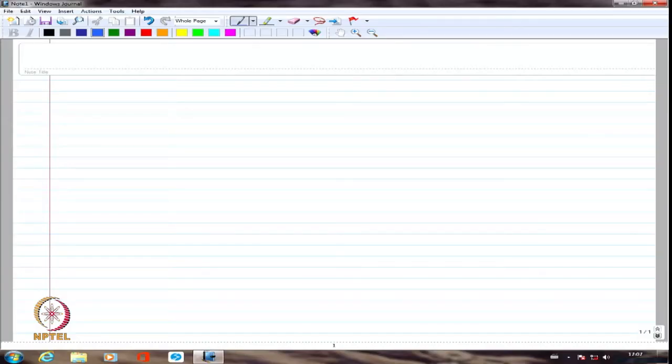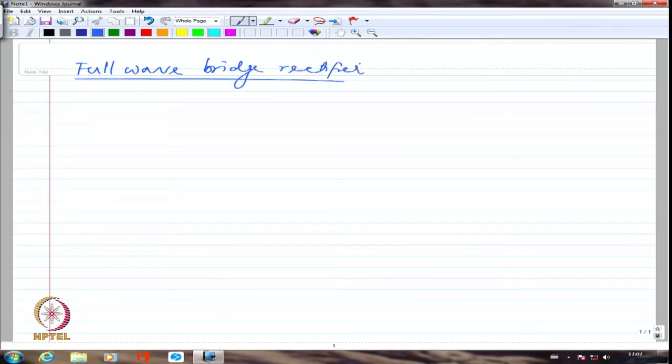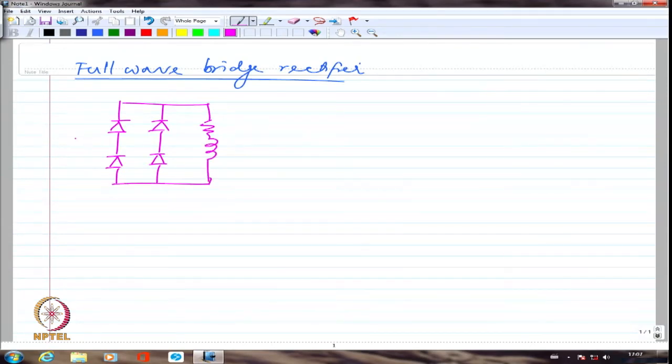had started on that in the last class. Full wave bridge rectifier. So we mentioned that this circuit will consist of 4 diodes and whatever load it is, RL load or R load, and this is going to be connected to the AC source, right?